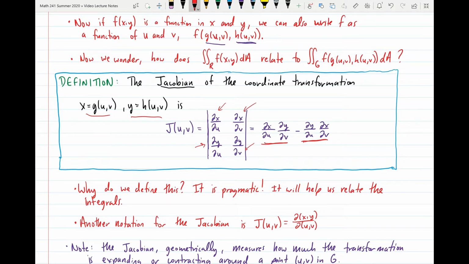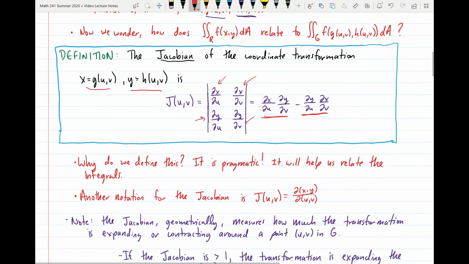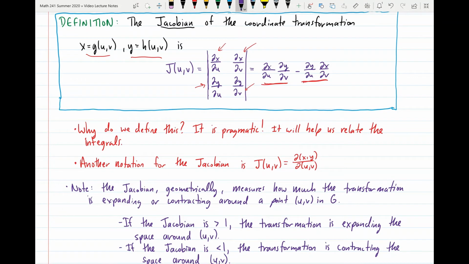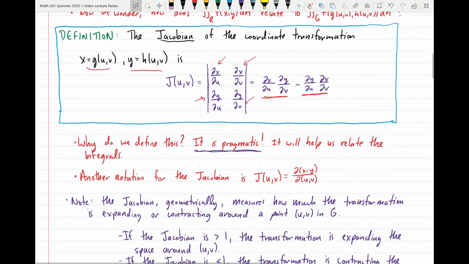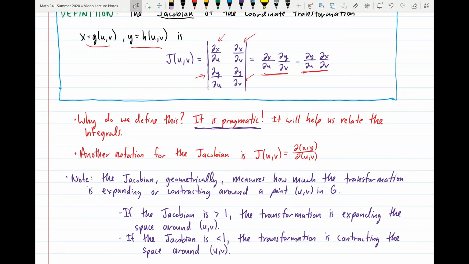So again, the Jacobian might seem a little bit strange to define, but the reason that we define it is simply because it's pragmatic, because the Jacobian pops up when we're relating the two integrals between the function over the region G in the uv plane and the function over the region R in the xy plane. So the Jacobian is going to help us relate these integrals.